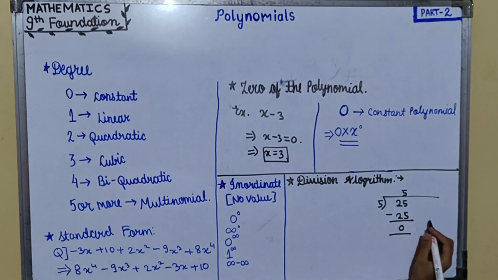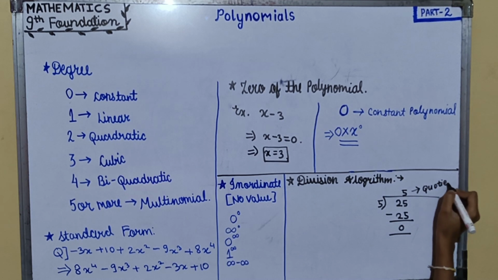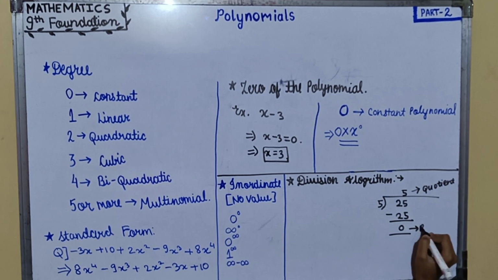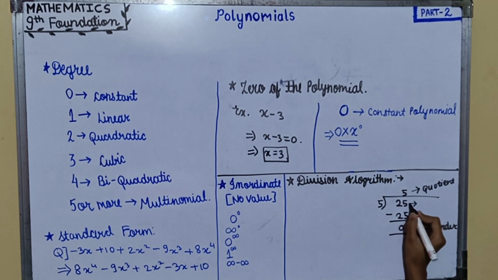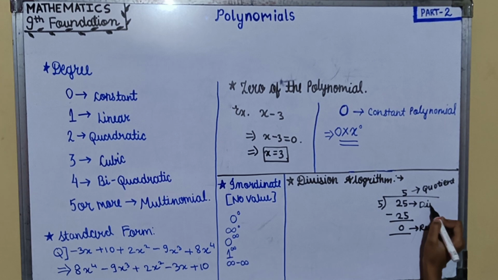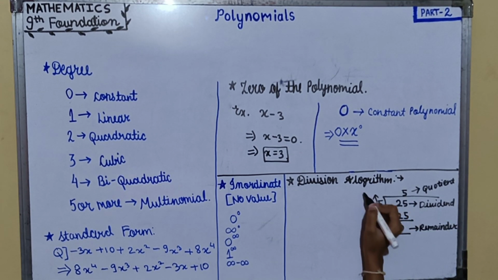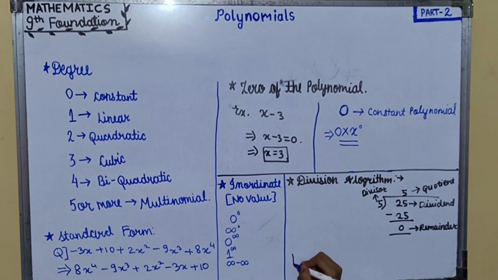So over here, this 5 is the quotient. This 0 is the remainder. This 25, which is getting divided, will be said as dividend. And this 5 will be divisor.